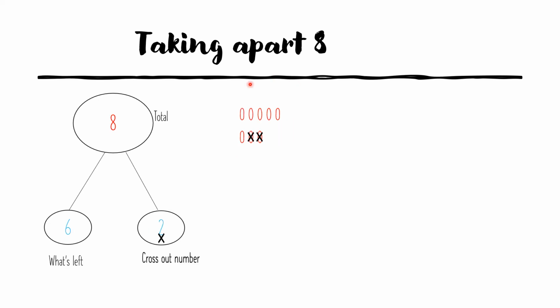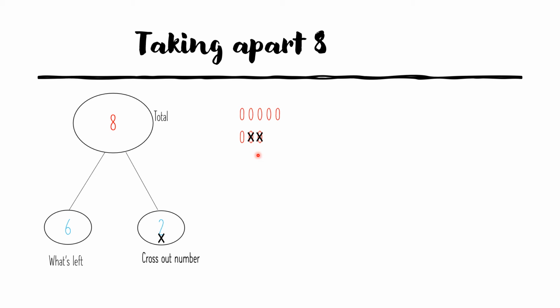So kindergarten, after taking a look at your drawing, what information did you gather? Me too. I noticed that there were 8 circles all together. Because there are 8 circles in total, I know that 8 belongs in the whole. I also notice that there are how many crossouts? That's right. 2 circles are crossed out.